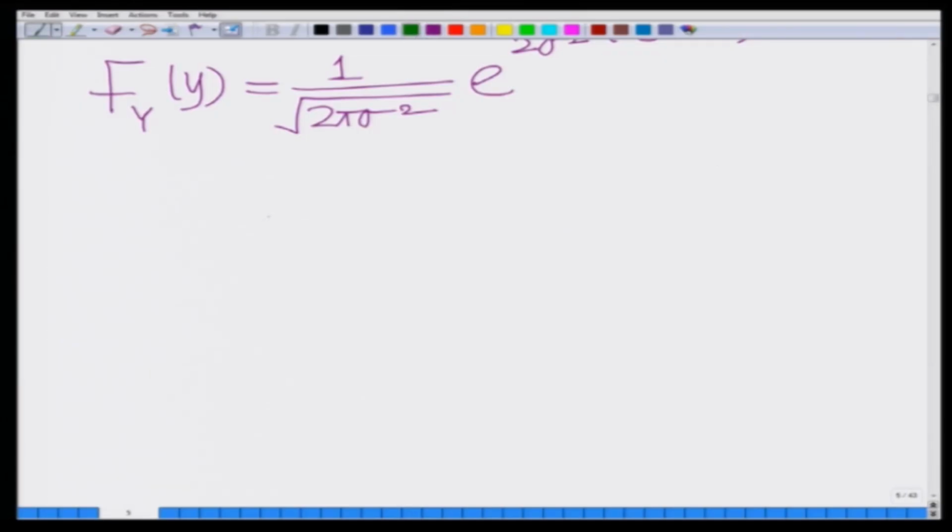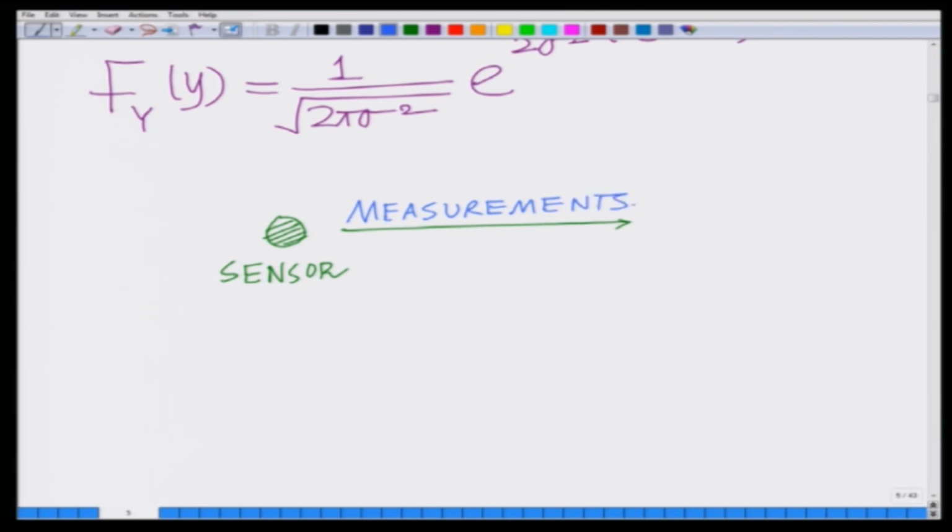So, let us go back to our sensor node, which is now making multiple measurements of this parameter h in time.